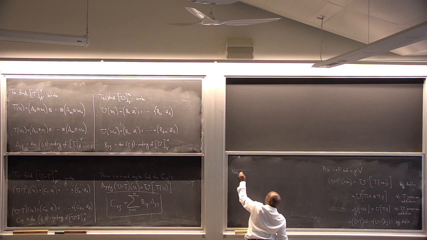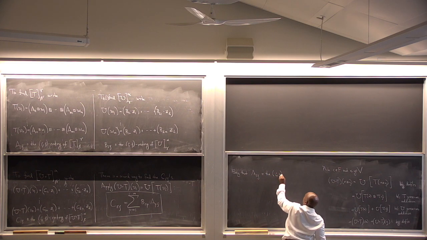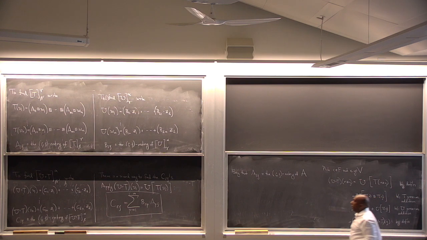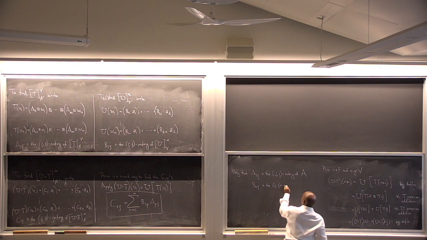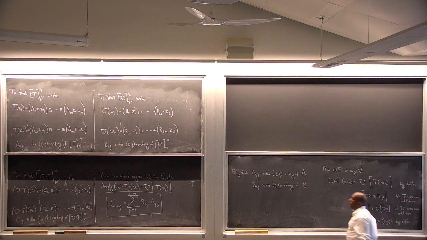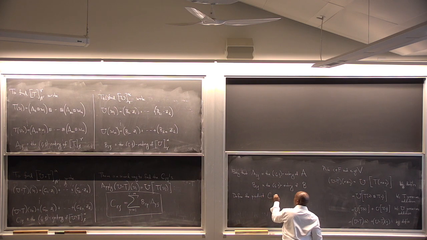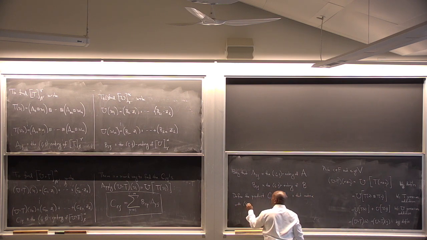Let's say that maybe Aij is the ij entry of a matrix here, A. And let's say perhaps Bij is the ij entry of a matrix B. Then let me define this product, which in this case will be B times A. This will be that matrix with ij entry.